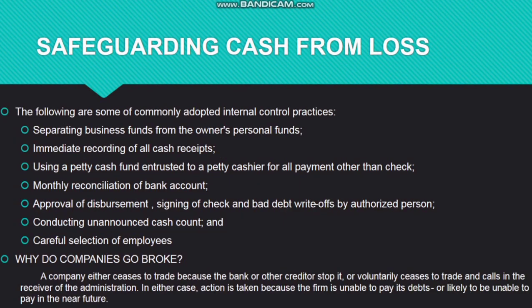Next is safeguarding cash from loss. To safeguard the company's assets, an internal control system employs an automatic check and balance by requiring that the work of one person is reviewed and examined by another.